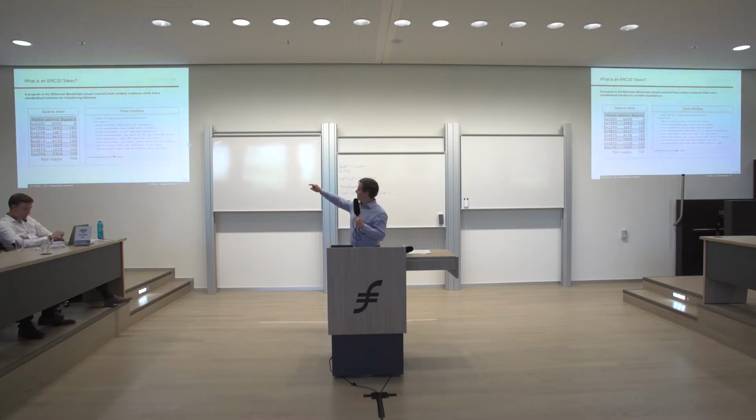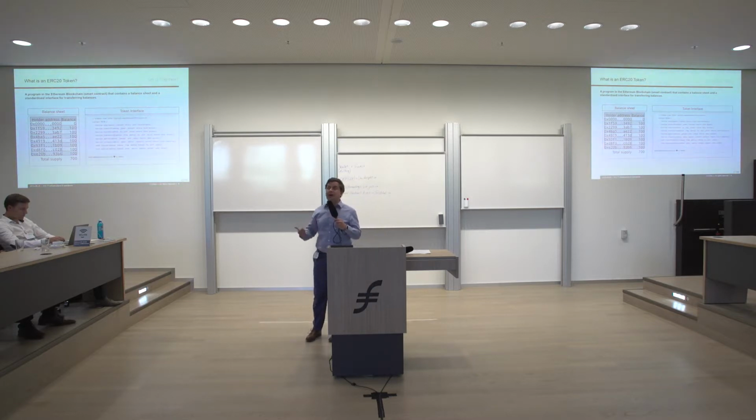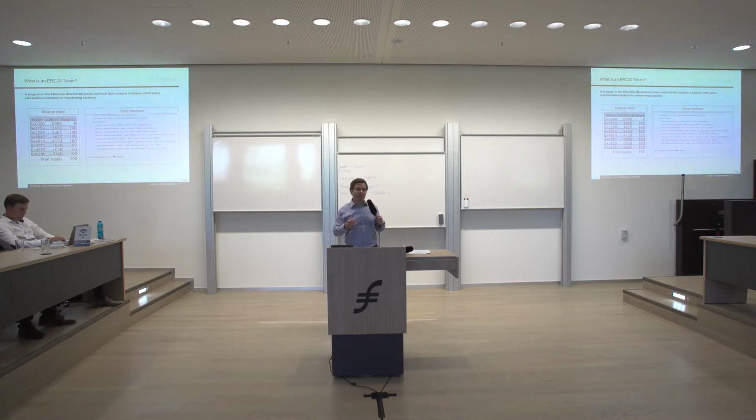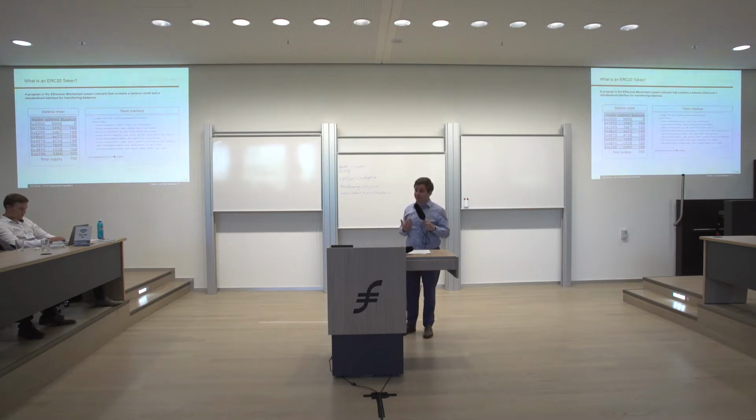So there's an address and let's say a balance of 100. And minting basically means that you set that value to 100 because the investor with that address is eligible to 100 tokens. So his address would be in here, and he should have the private key to that public address. So he will be able to access these tokens.